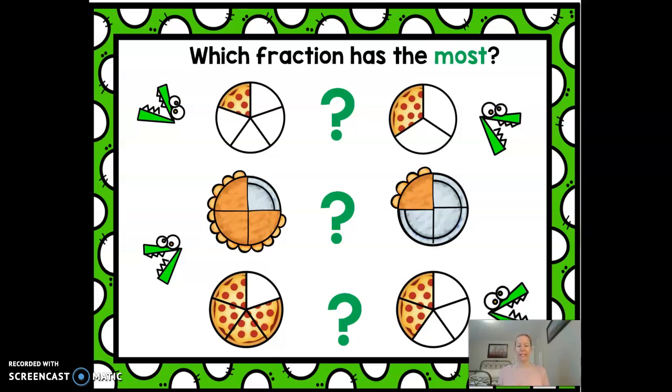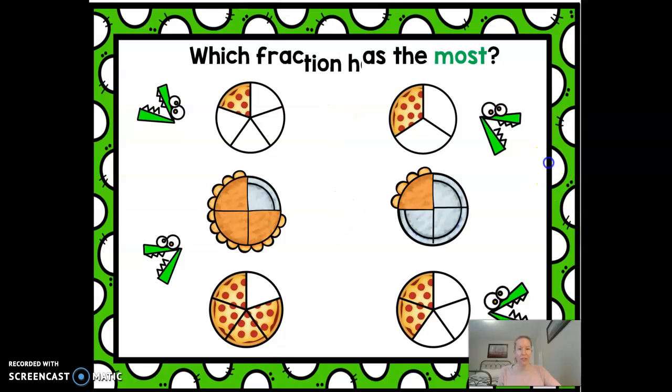Remember, the alligator likes to eat the most food. The second picture, we have 3/4, and we're comparing it to 1/4. And then we have 4/5, and we are comparing it to 2/5. I'll give you a second to think about what your answers would be, and we're going to check on the next page.